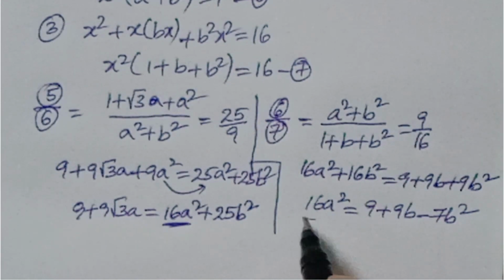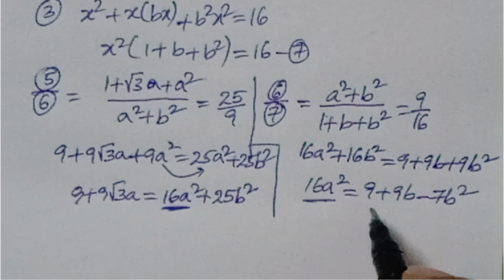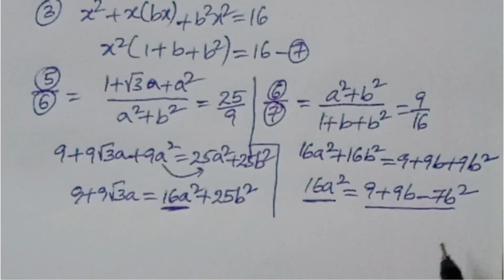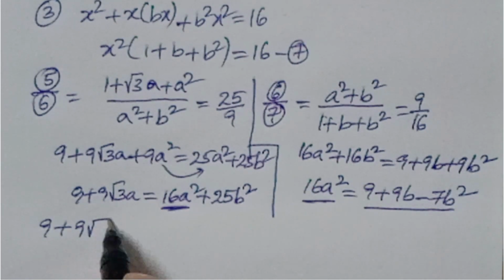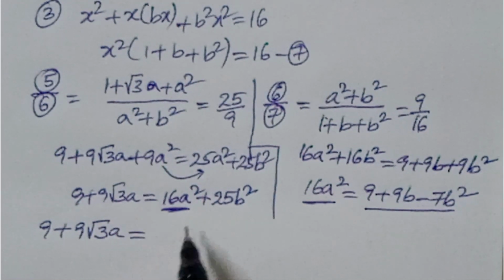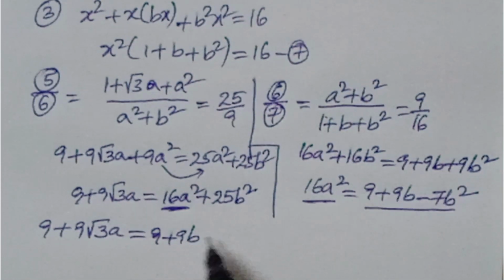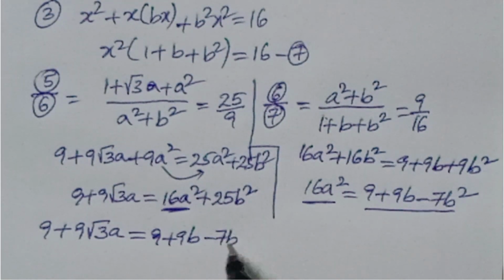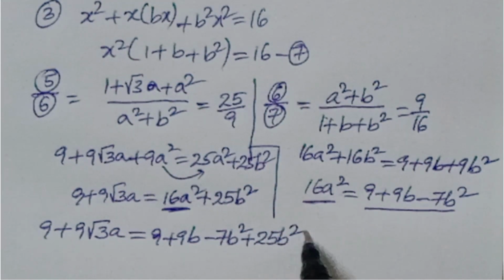Now in the place of 16a square, I am substituting this value. So here you will get 9 plus 9 root 3a is equal to 9 plus 9b minus 7b square plus 25b square.